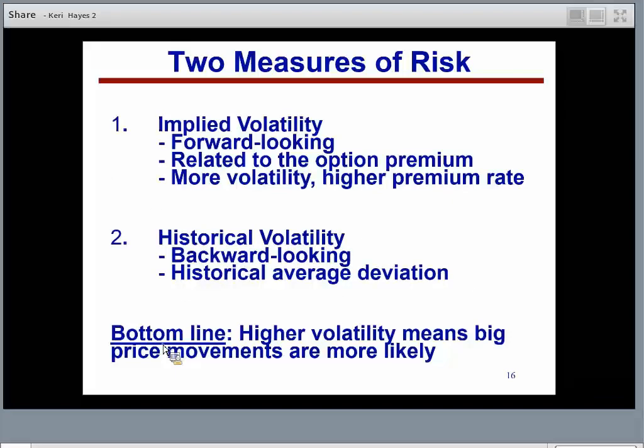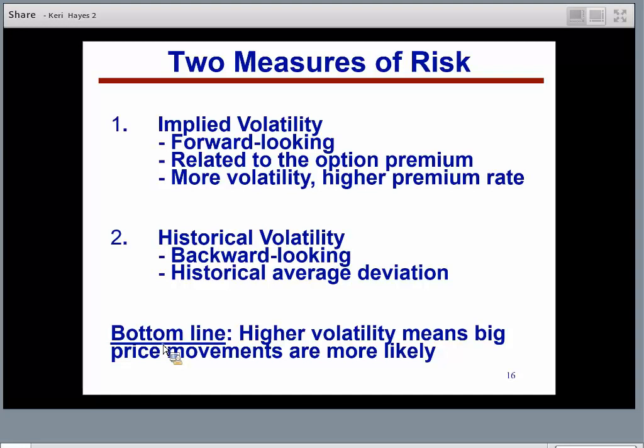Okay, and there are really two measures. I'm not going to spend too much time talking about these, but these are really two things that you'll hear people talking about when they talk about volatility. The first one is called implied volatility, and that's when you look forward. That's the volatility that people are assuming in options that they're buying.